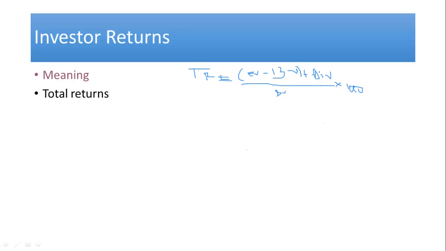In investor returns, the next is compound returns. Already I told you, for total returns you use this formula: end value minus begin value plus dividend, divided by begin value, multiplied by 100. It never considers the years.